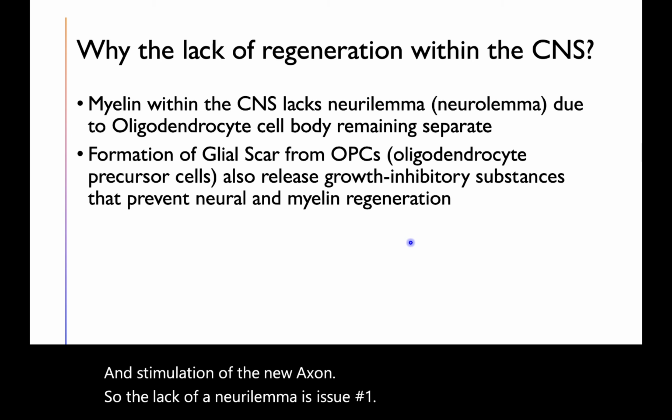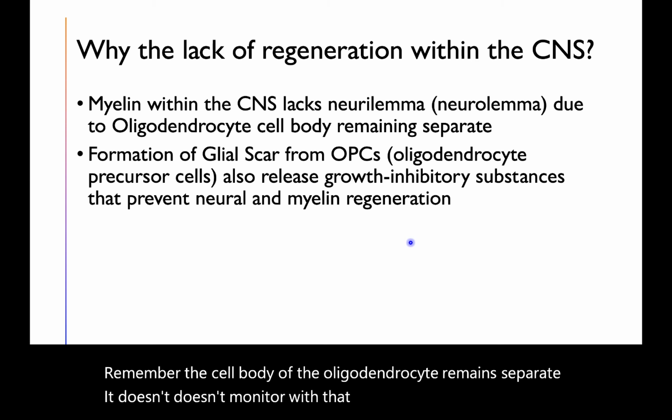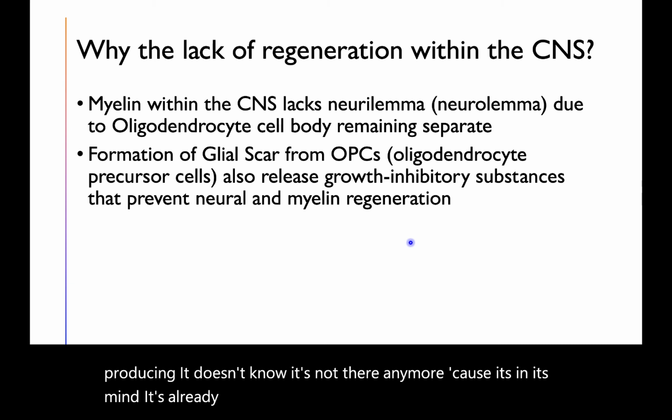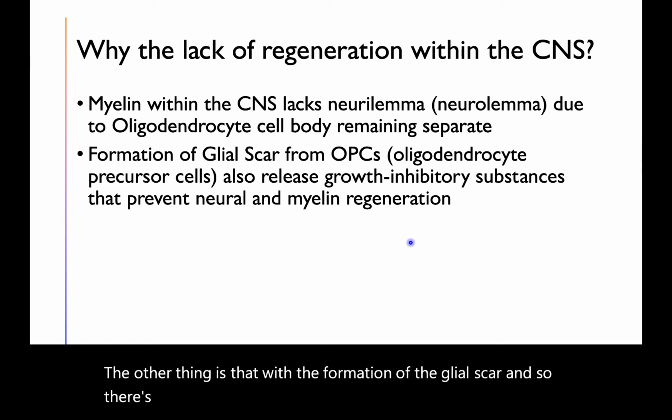Remember, the cell body of the oligodendrocyte remains separate. It doesn't monitor what that myelin is doing. It's just producing it. It doesn't know it's not there anymore because in its mind, it's already produced. All right. The other thing is that with the formation of the glial scar, there's scarring that happens around that.